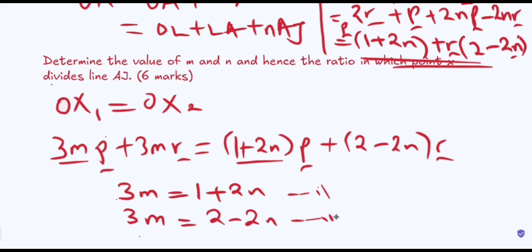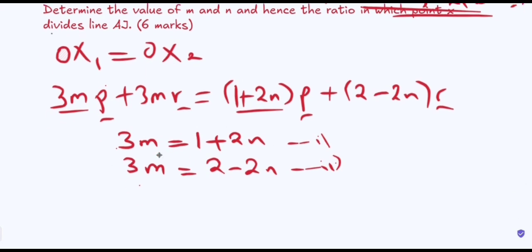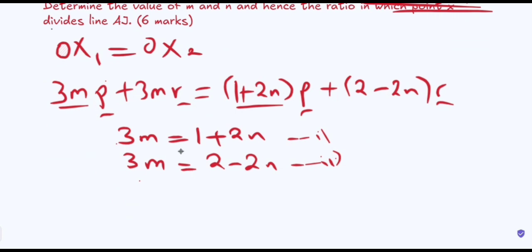This is equation 2. But yani suddenly waona hapa kuna kitu hapa itafaa. So hii ni 3m, ni hii 3m pia ni hii. So what I'll do, I'll just equate those on the right side. So 1 plus 2n equal to 2 minus 2n. Kwa sababu zote ni 3m, so obviously hii is equal to hii.